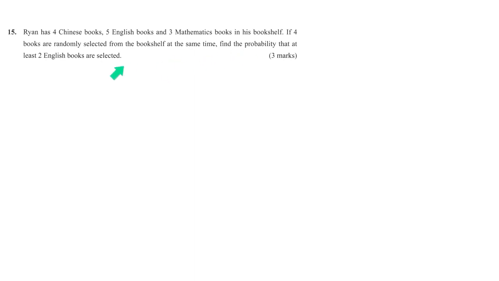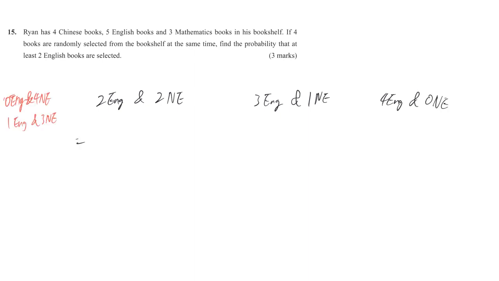Because we don't have any differences between English books, we use combination only. And then at least 2 books are selected. That means 2 English books and 2 non-English, this is the first case, or 3 English books and 1 non-English, or 4 English books and 0.